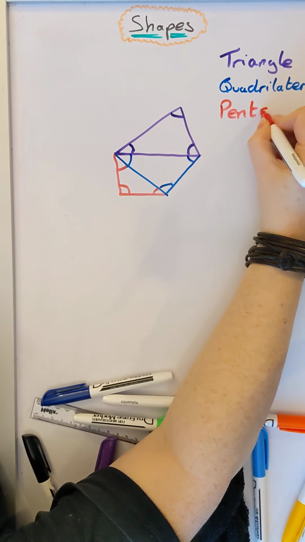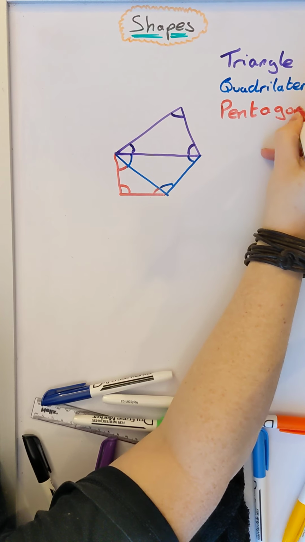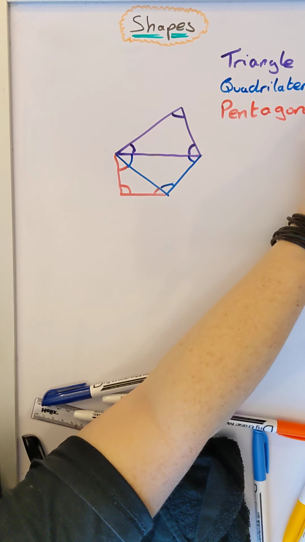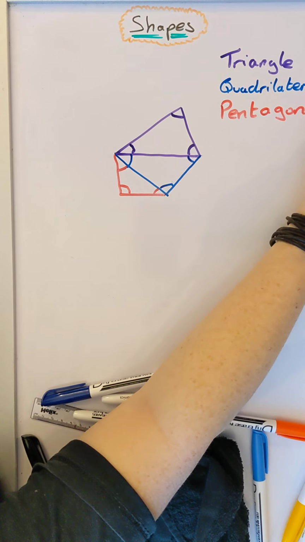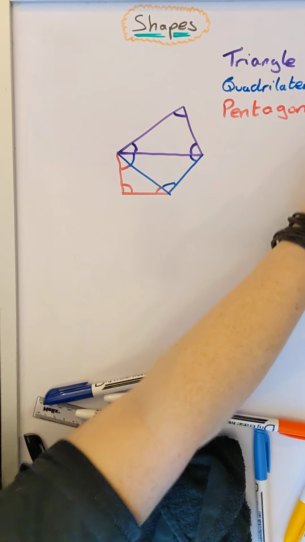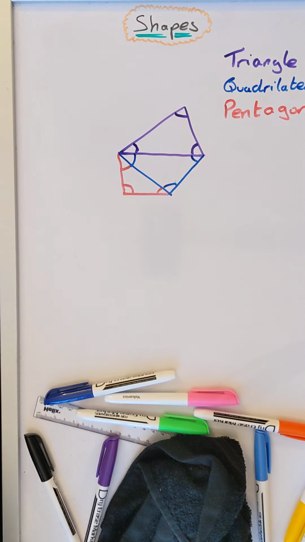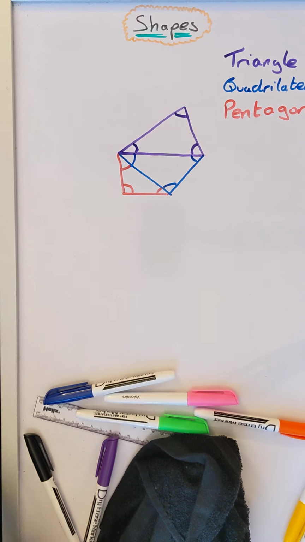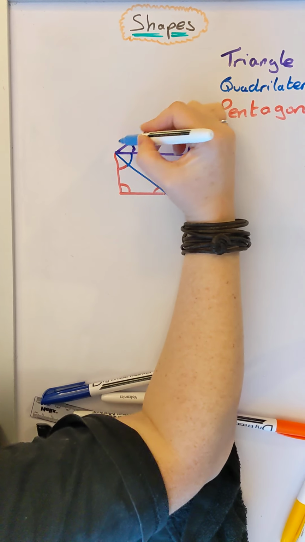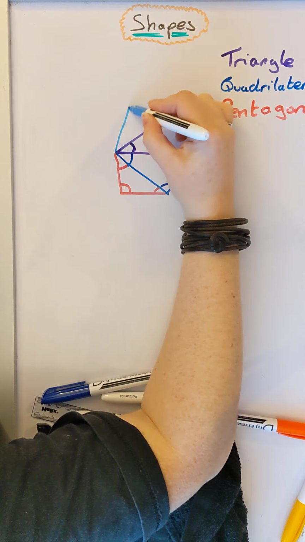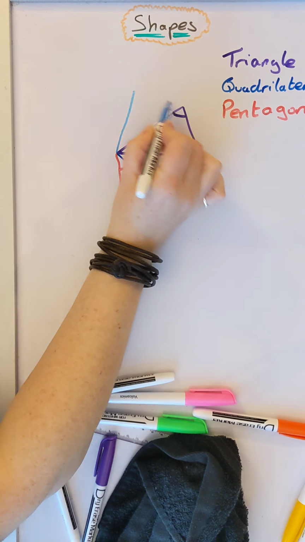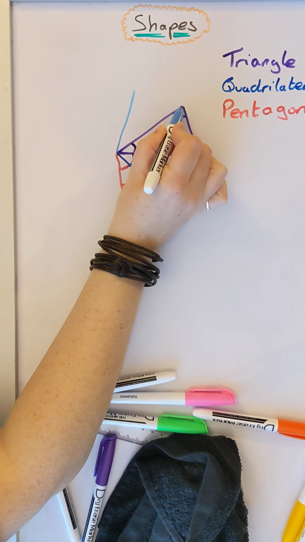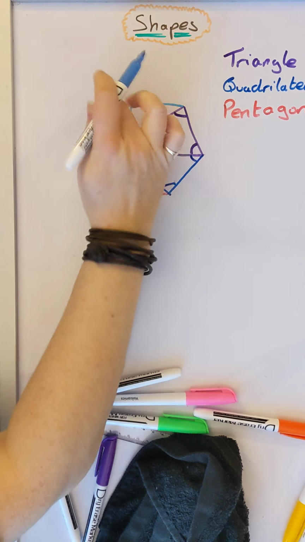This is a pentagon. And it has 540 degrees. If I draw on another one, I want to make it a little smaller than that.